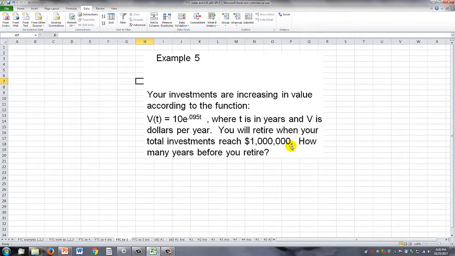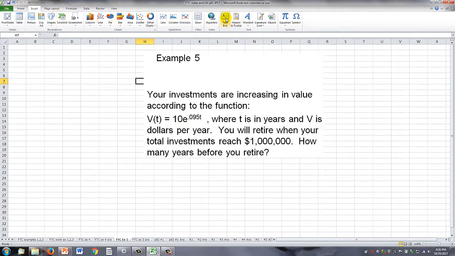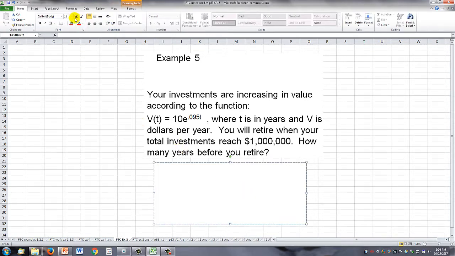It says your investments are increasing in value according to the function. And I'm going to go ahead and start typing up what things are. So T is equal to years, and V is dollars per year.